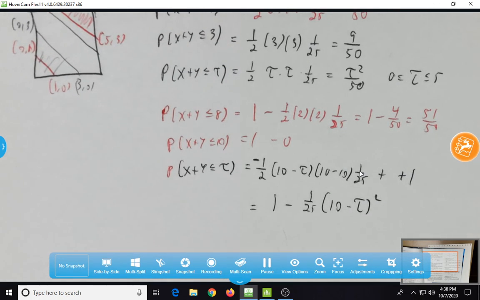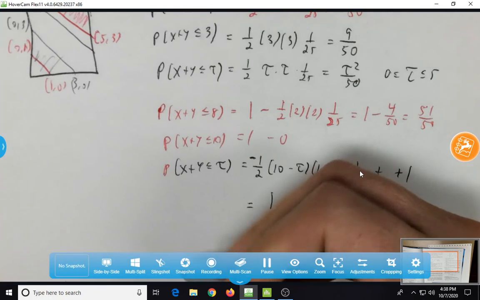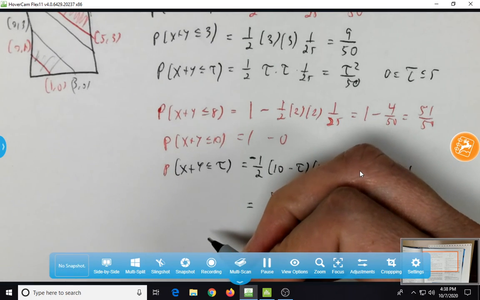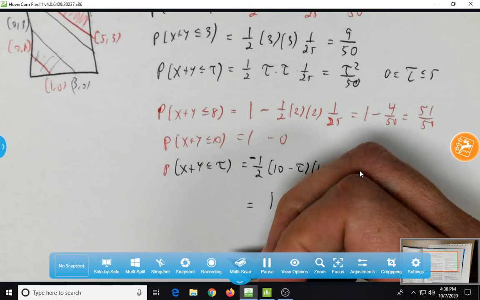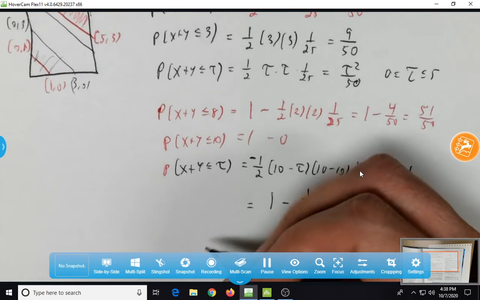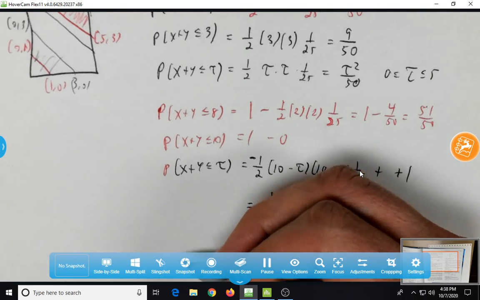And so this will give you my CDF, the probability of my variable that I had earlier of y.